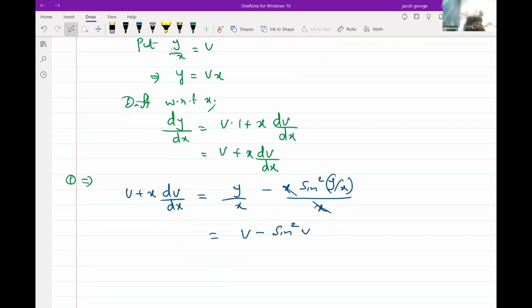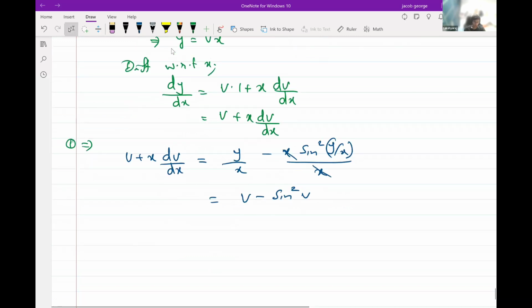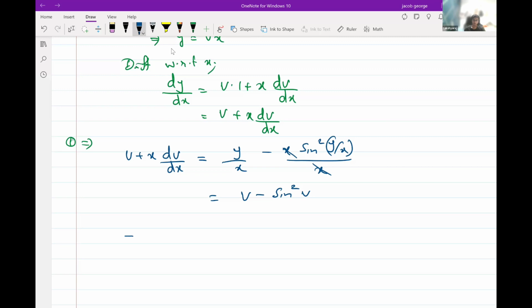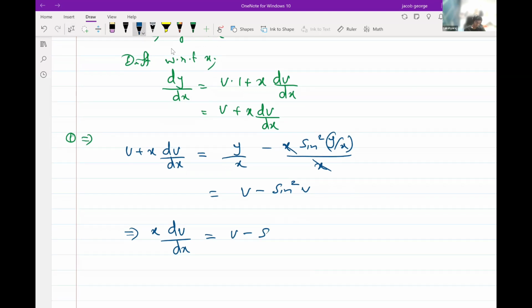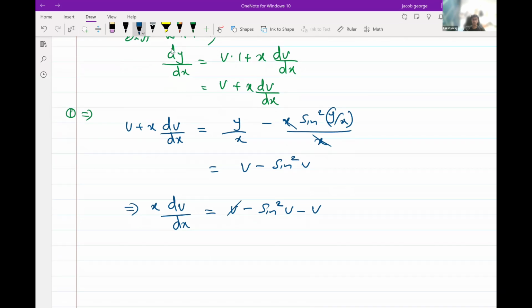Then you take v to the right side. So we get x dv by dx is equal to v minus sine square v minus v. Clear? So v minus v will go, minus sine square v, and taking reciprocal, dx by x dv is equal to minus 1 by sine square v.